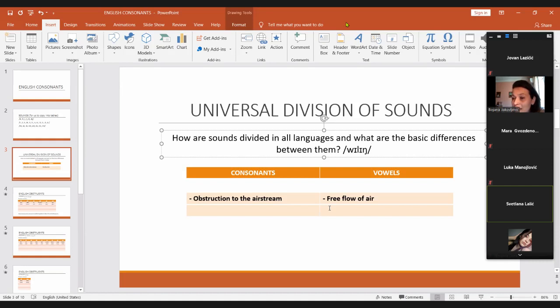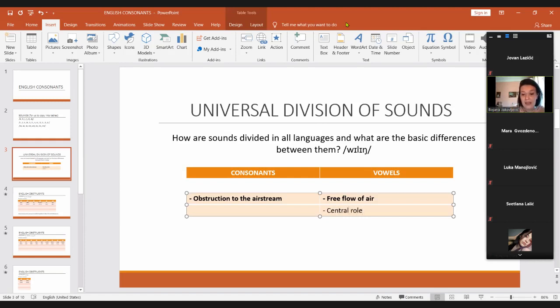They can sometimes sound like vowels because of the shape of the mouth. Okay, but what about carrying the syllable? What carries the syllable? Vowels. So vowels basically have the central role in the syllable.